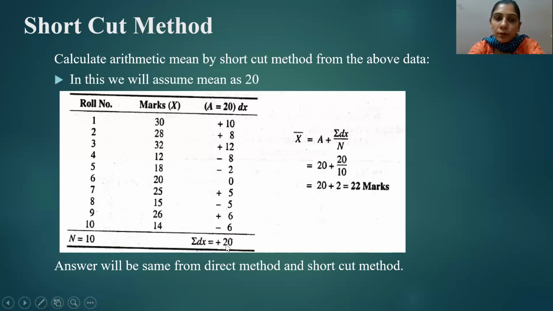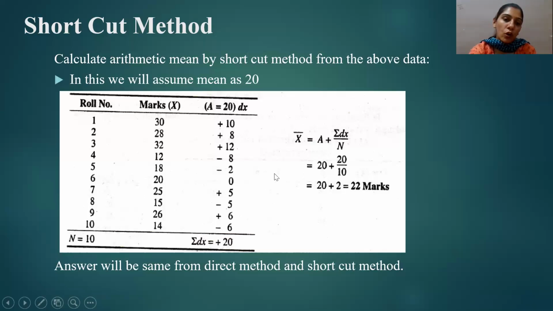In this case, the total of all the values is positive, so I have written plus 20. The sum of sigma dx is plus 20.